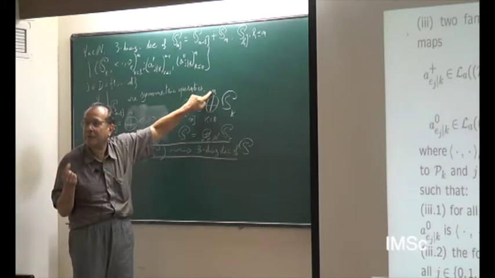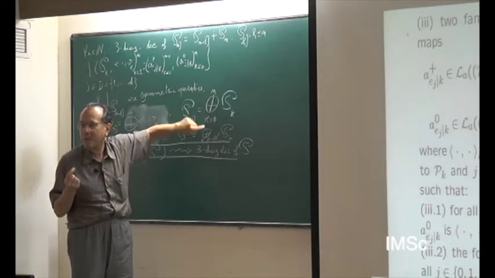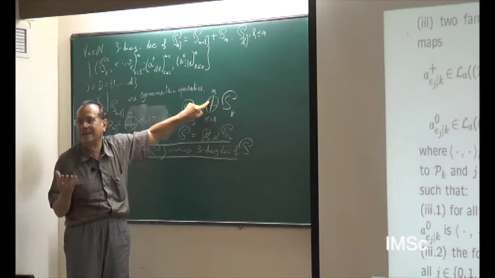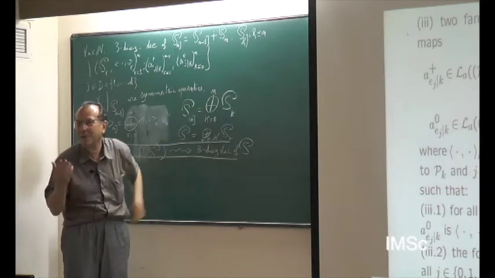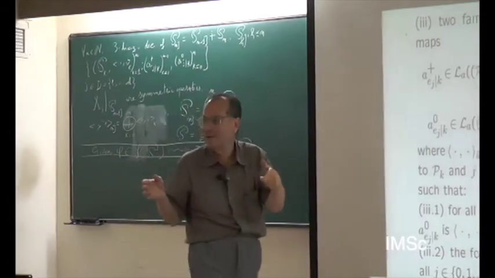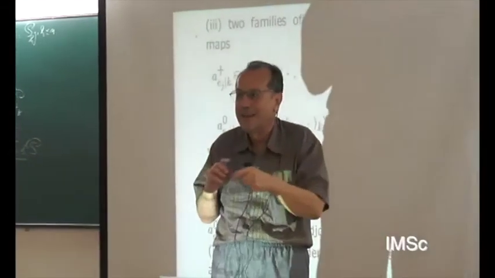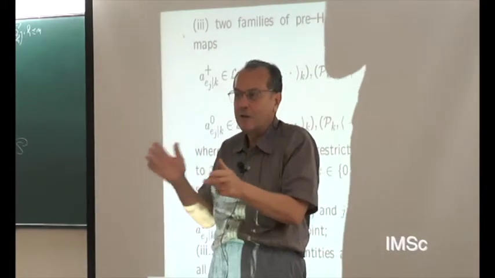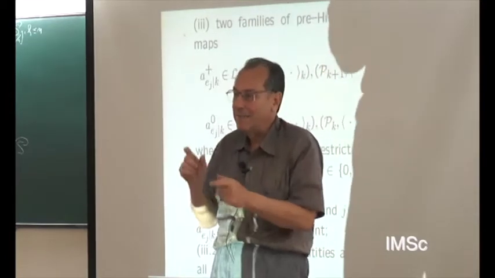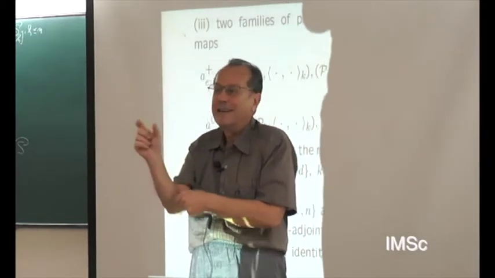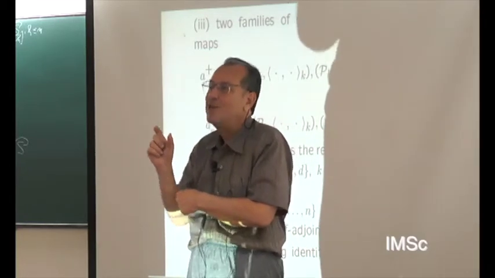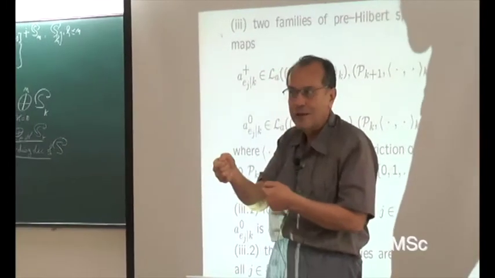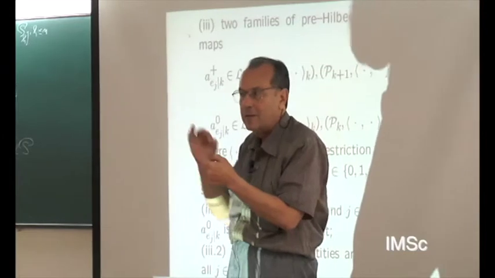What is the minimal information I need to go from n to n plus 1? How many new objects do I need to go from this to n plus 1? I don't know if somebody of you knows the theory of stationary processes. The Wold decomposition of a stationary process does exactly this, a similar idea. It decomposes it into a martingale, and the martingale part is the additional, what is called in probability theory, the innovation part. So sometimes I will use the same word, innovation, to mean the additional information that I have to add to go from n to n plus 1.